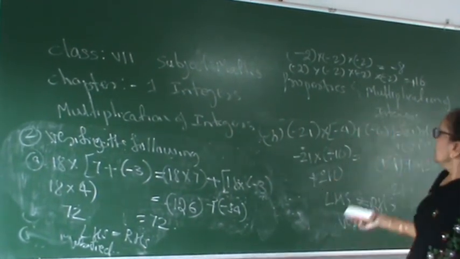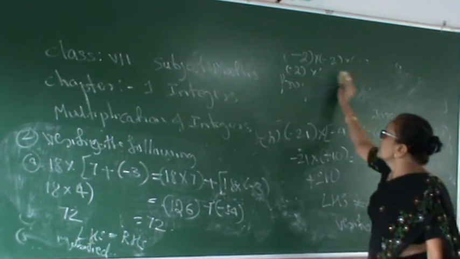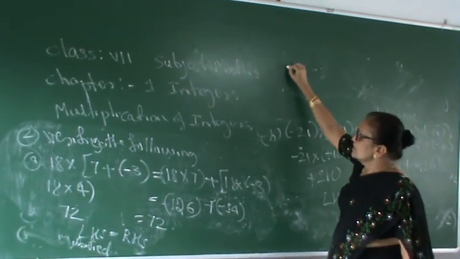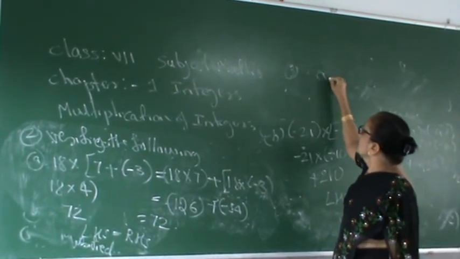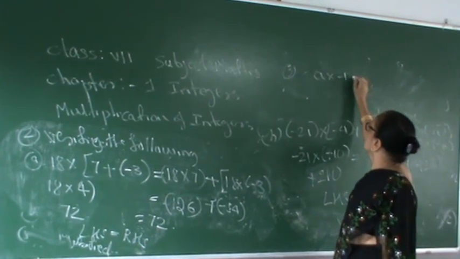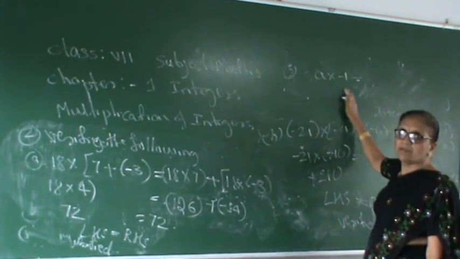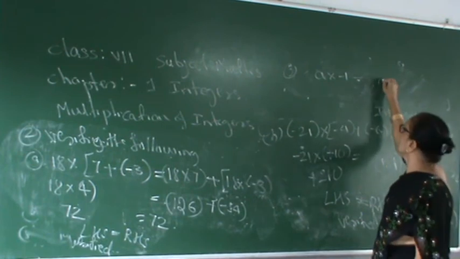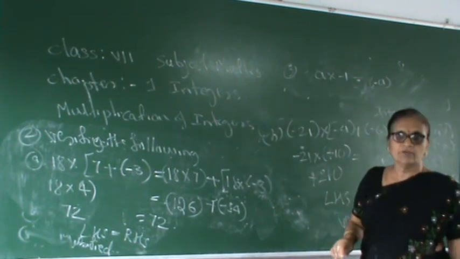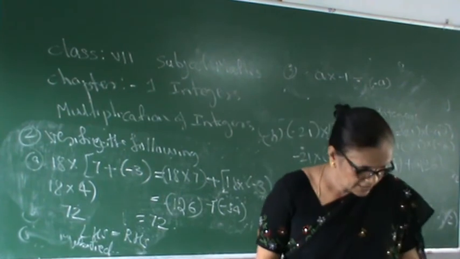A is any number, any integer. So question number 3's answer is very easy. A into minus 1, if you multiply, you will get only minus a. Okay, minus 1.